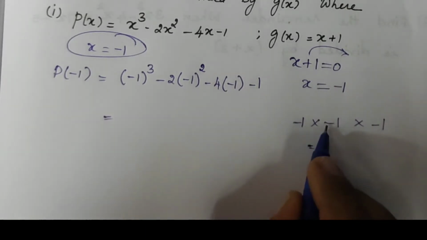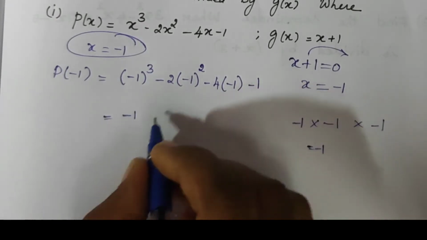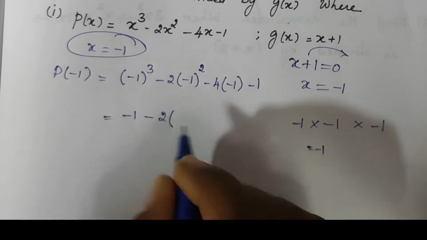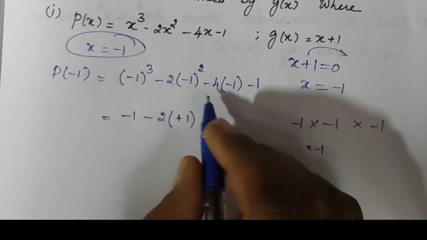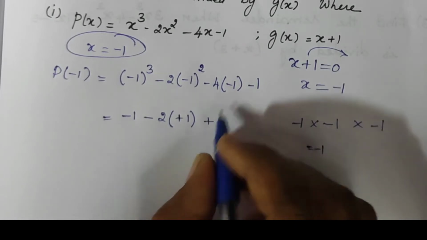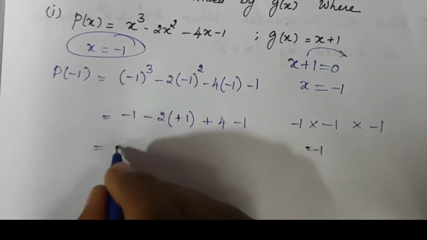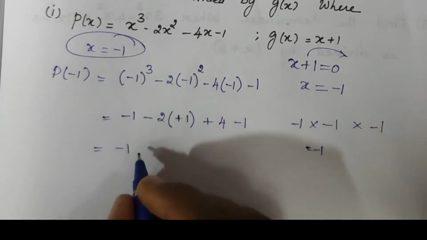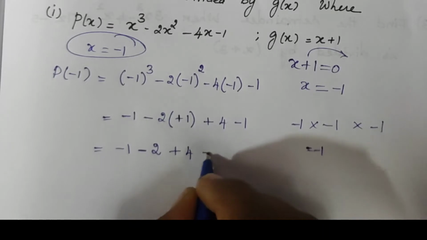Minus into minus is plus, plus into minus is minus, so minus 1. Minus of 2 into minus 1 into minus 1 is plus 1, so minus 2. Minus into minus is plus, 4 into 1 is 4, minus 1.